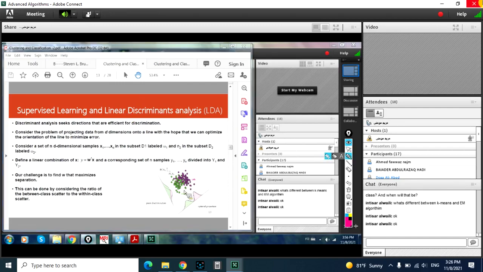Again, consider this data. Before the projecting, you can obtain the eigenvectors of this data, the principal components of this data, using the PCA.